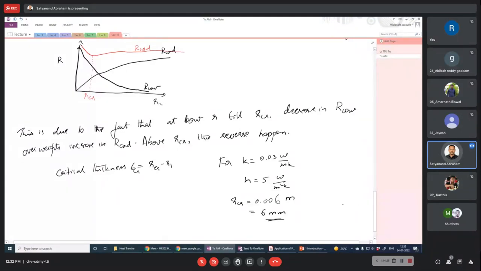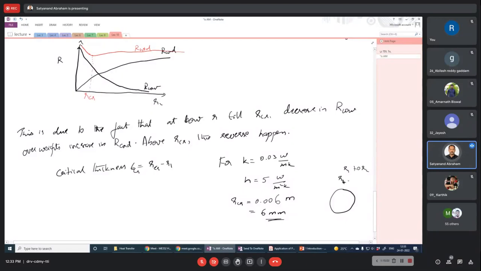Any pipe carrying a flowing fluid is always going to have a diameter of more than 10 centimeters or 20 centimeters. So in usual conditions, we don't have to worry so much about this critical radius. The flowing fluid itself is at R1, and from R1 to R2 we have the insulation.